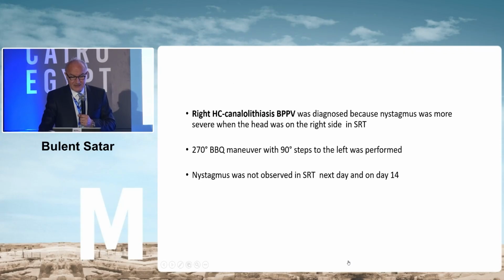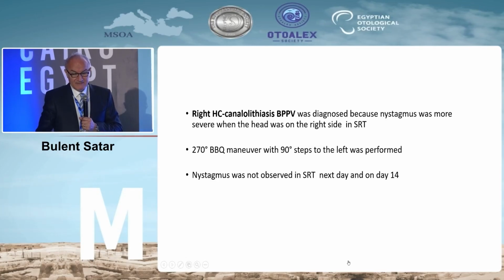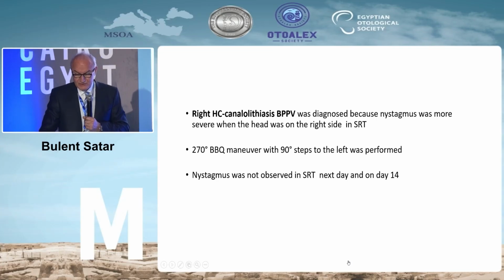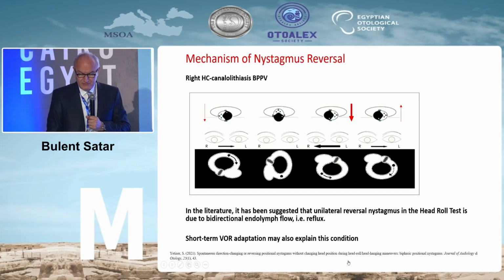Right horizontal canal canalolithiasis BPPV was diagnosed because the nystagmus was more intense when the head was on the right side, and a barbecue maneuver towards the left side was performed, and no nystagmus was observed in the control.